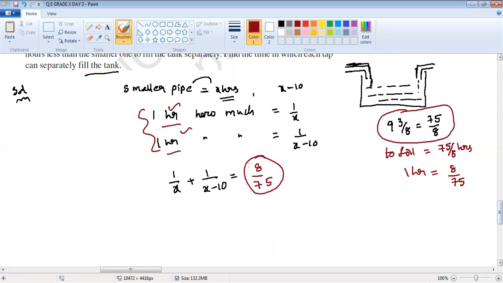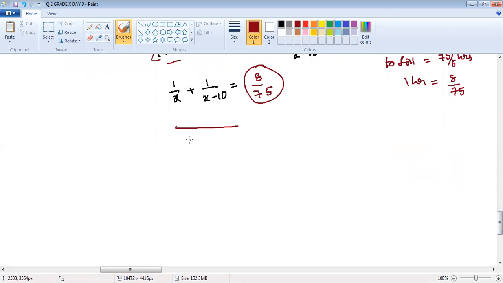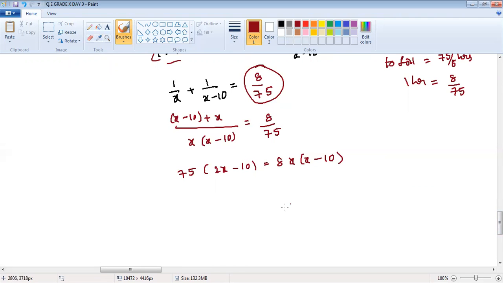Okay, sir. So what is the LCM? LCM is x into x minus 10. So x minus 10 plus x is equal to 8 by 75. Then 75 into 2x minus 10 is equal to 8 into x into x minus 10. Am I right? Yes, sir.